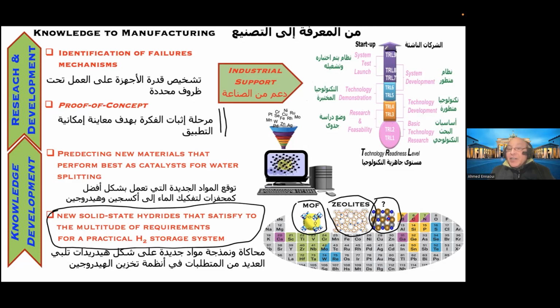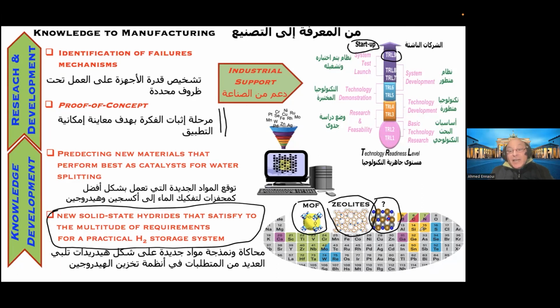If you are at technology readiness level 9, this means you have a system which works very well and which can be scaled up, and you can, of course, talk about startups and industry development.